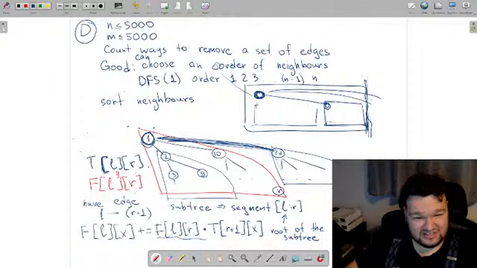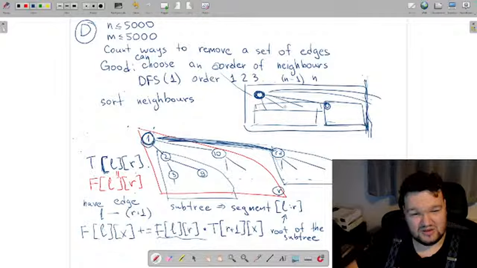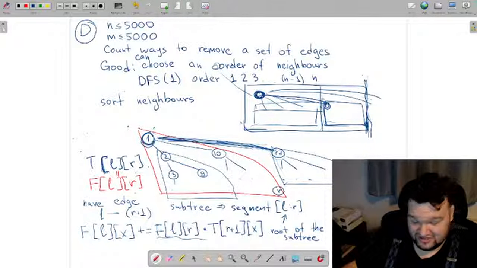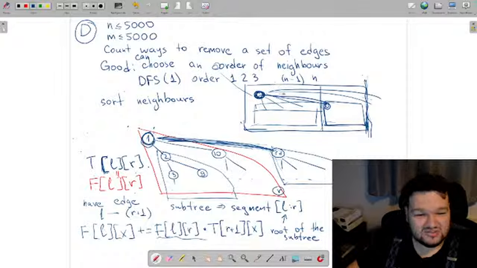We have already decided on the edges that go here, because we have calculated the dp value up to this point. So now we only need to decide, do you want to take edges that go to this subsegment? Obviously we need to take the first one because we want it in our tree, so we cannot delete it. What about the other edges?